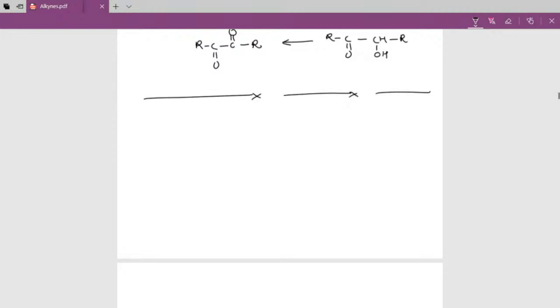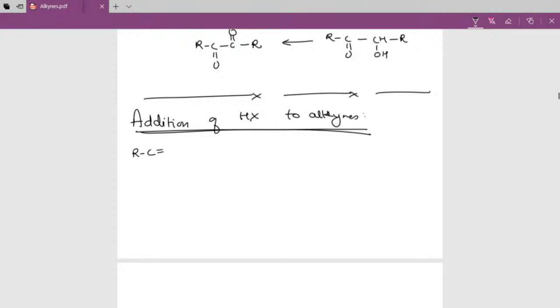Now we are moving to addition of HX to alkynes. This is a little complicated to understand. I'll try my best to explain. RC triple bond CR. If I add the first molecule of HX, if there is a possibility of Markovnikov, anti-Markovnikov, then the answer will be Markovnikov.